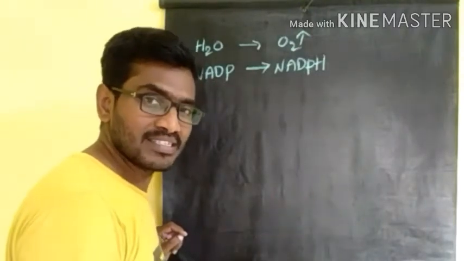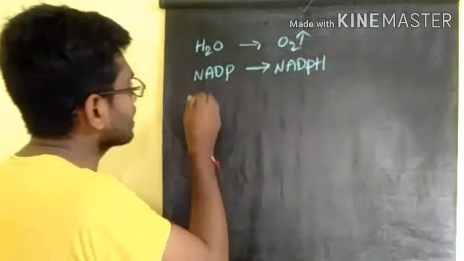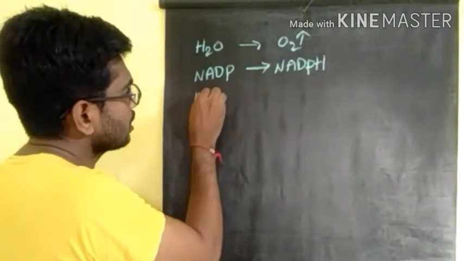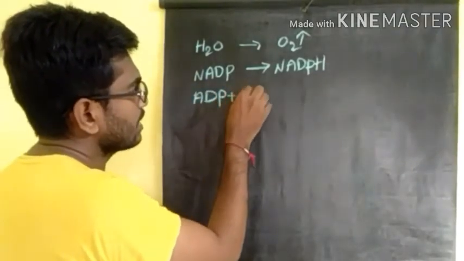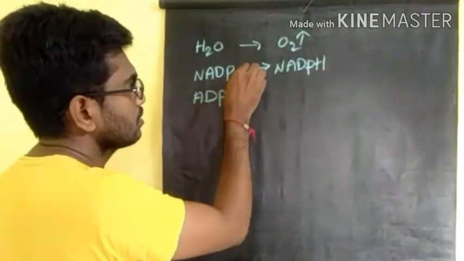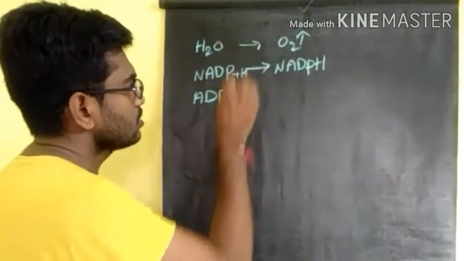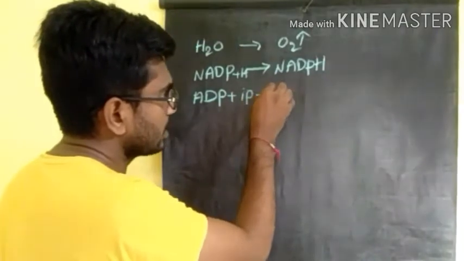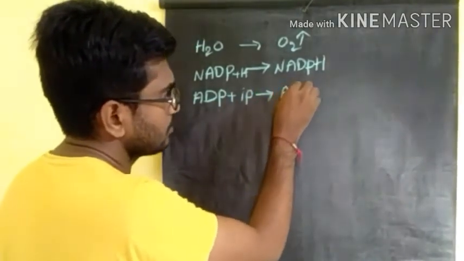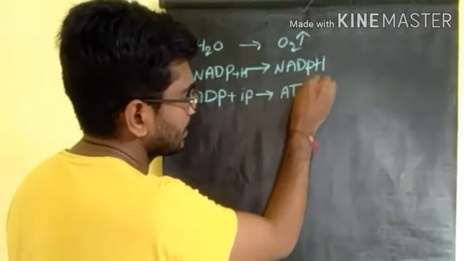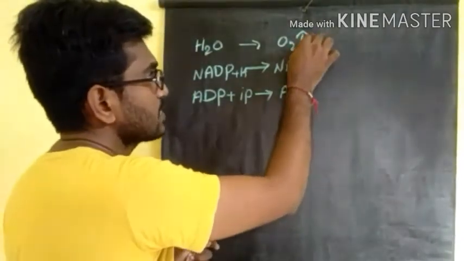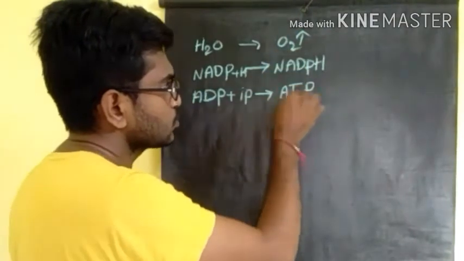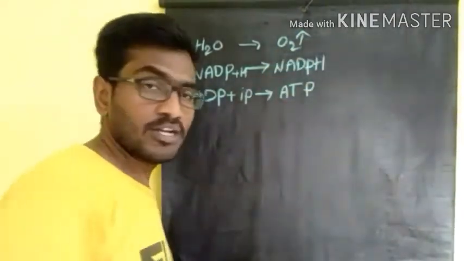And one more process here: when the protons from the lumen of the thylakoid enter into the stroma, one inorganic phosphate attaches to ADP, adenosine diphosphate. Here H plus and electrons are added to that, so a substance called ATP, adenosine triphosphate, will form. Oxygen is liberated out and these two remain in the stroma of the chloroplast.